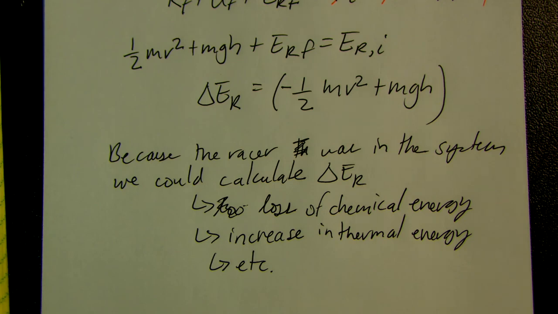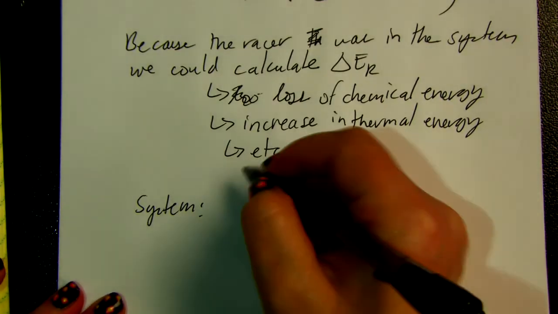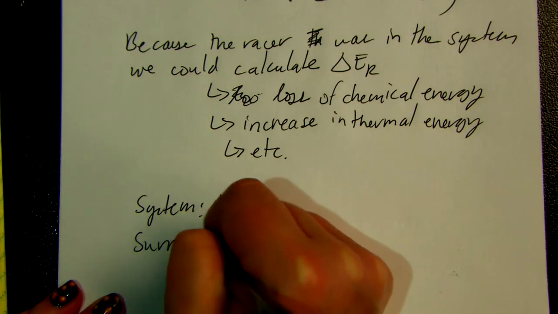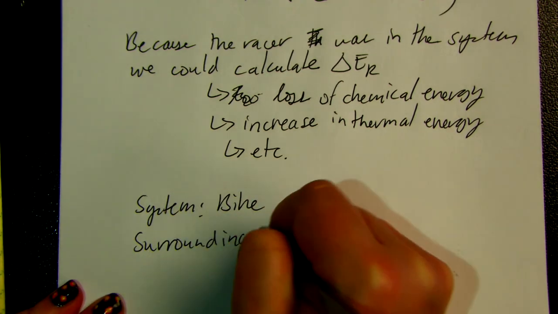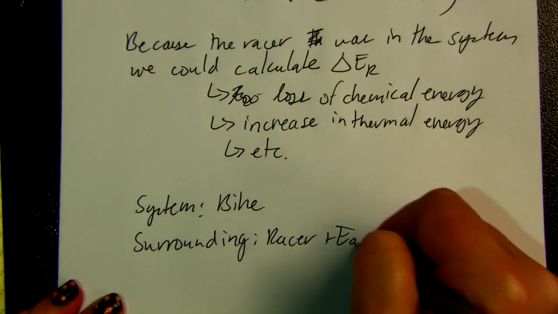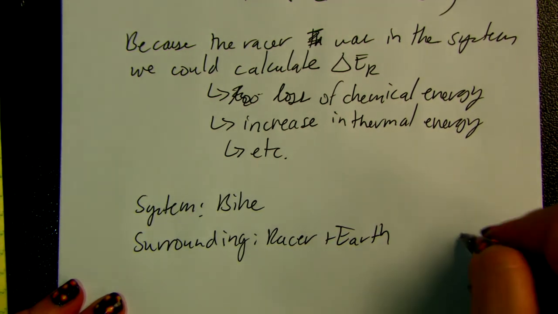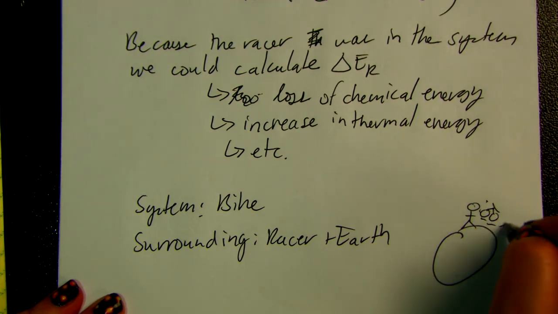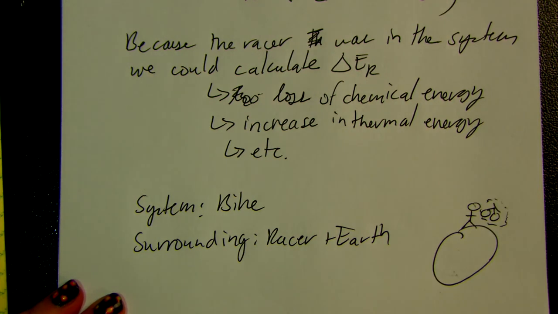All right, so now let's look at a system of just the bike. And that means within our surroundings, we have the racer plus the Earth. So there's our system.